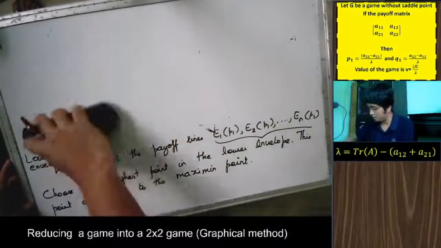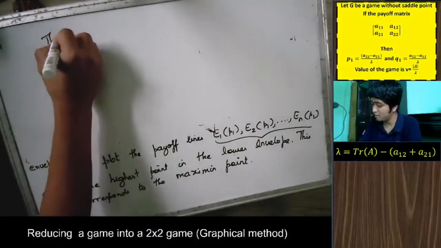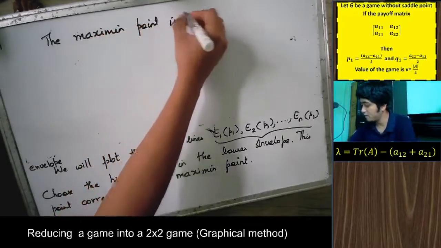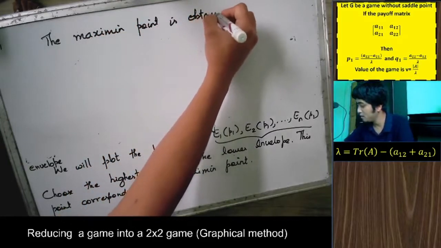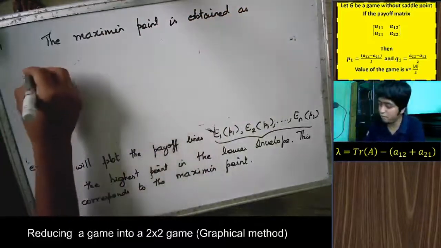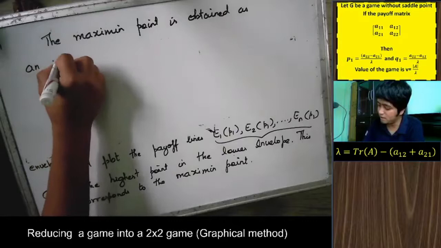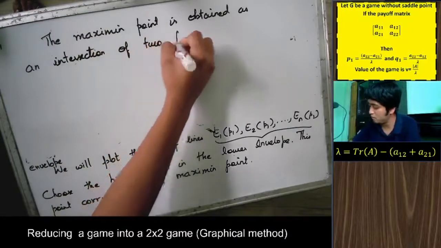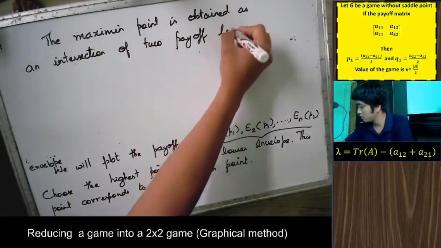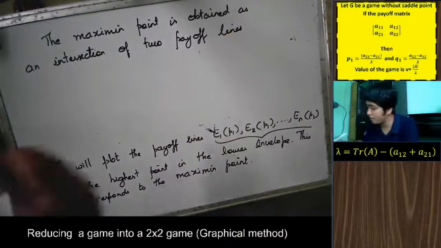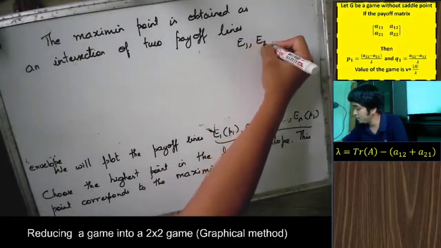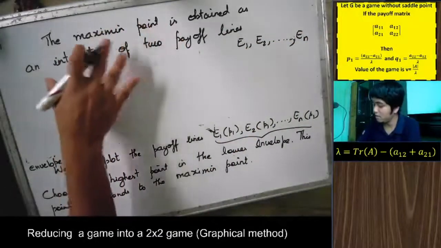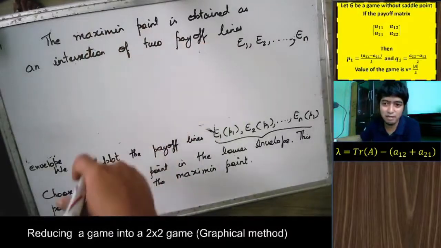So I will write: the maximum point is obtained as an intersection of two payoff lines. Remember how many payoff lines we had? We have n payoff lines, E1, E2 up to En. But only the intersection of two payoff lines will give the maximum point.